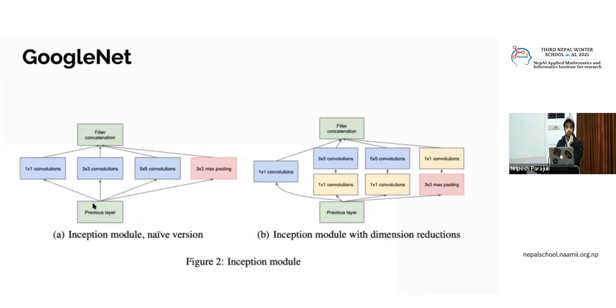What GoogleNet does is, on each output of each layer, it does a one by one convolution. Does anybody know what a one by one convolution accomplishes?